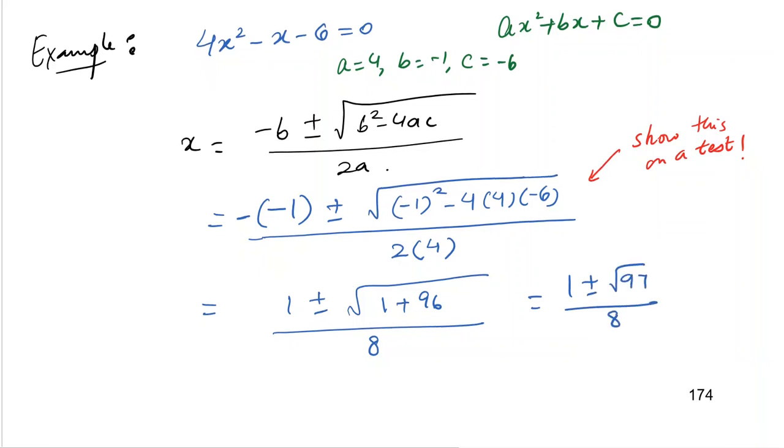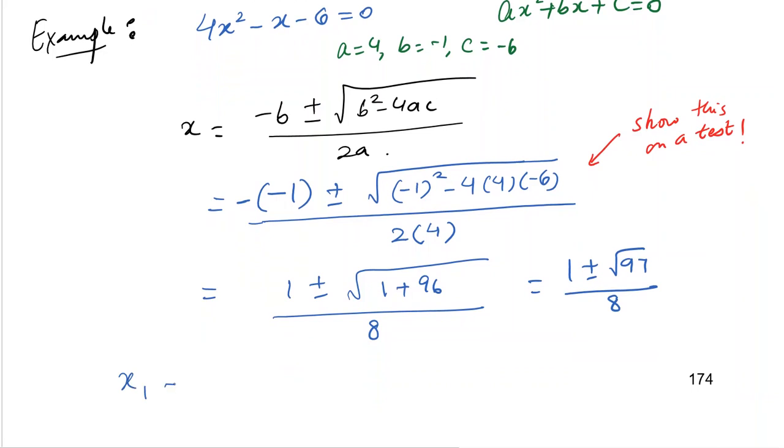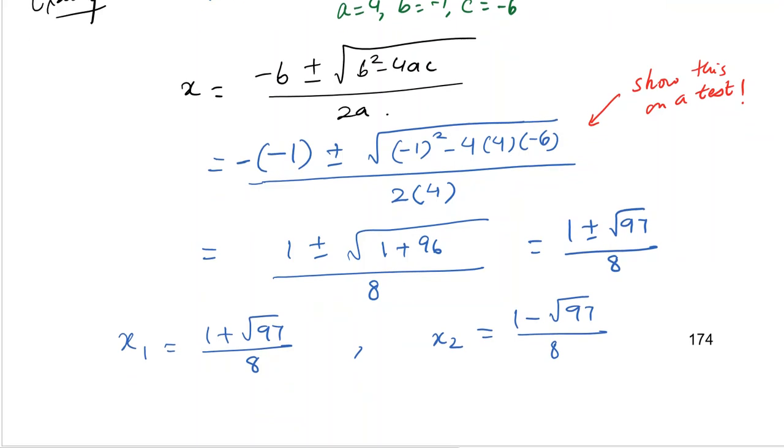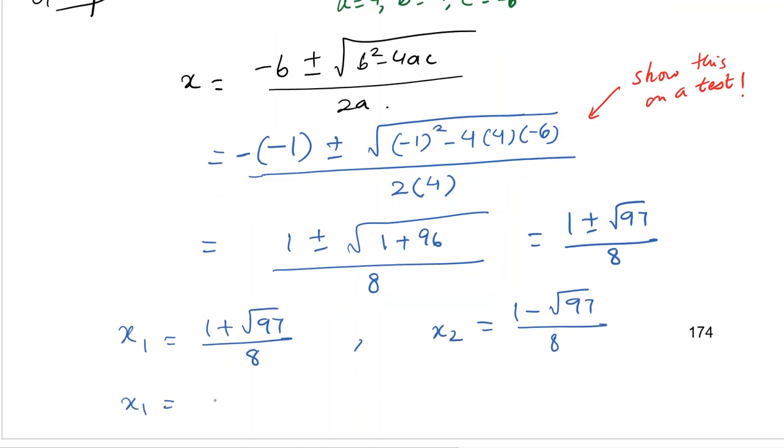One time you're going to add and get a solution. So x1 is 1 plus square root of 97 over 8. Another time you're going to use the subtraction, and you're going to get the two answers. So either x is 1.356 or x is negative 1.106.